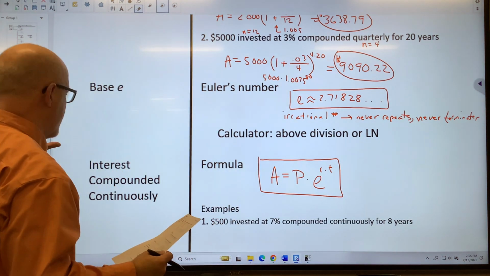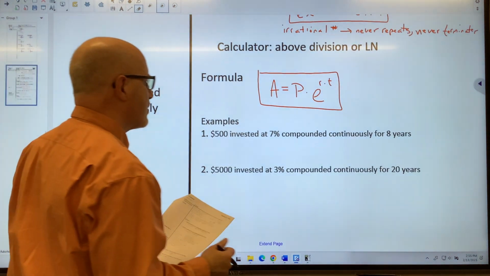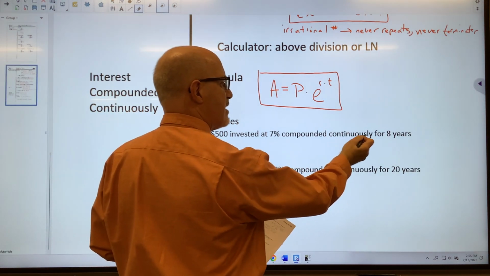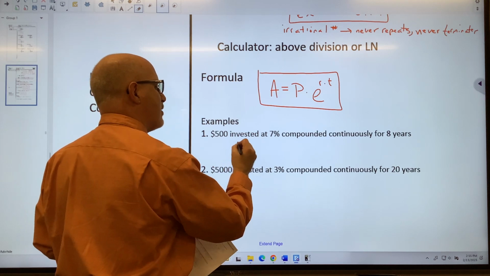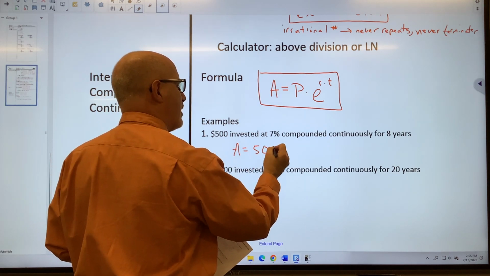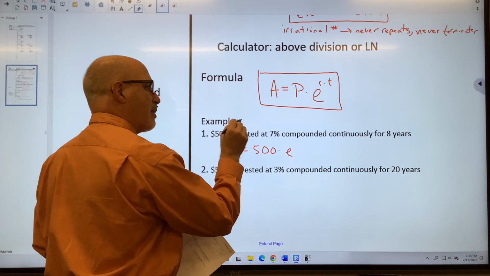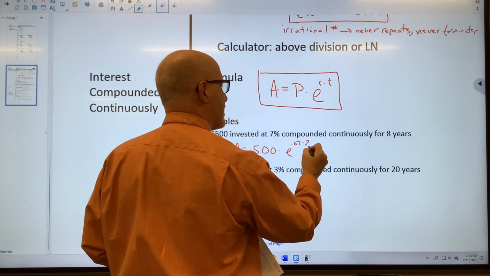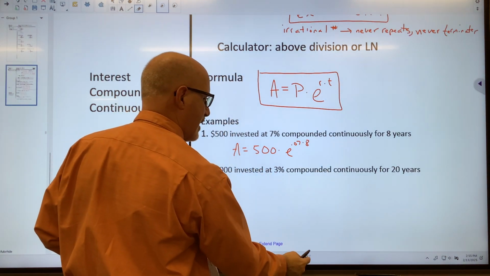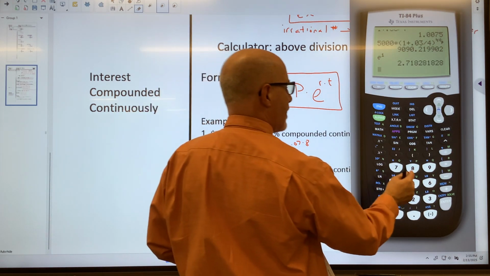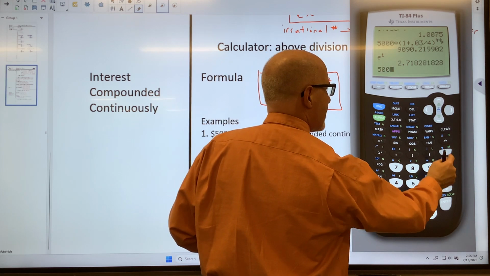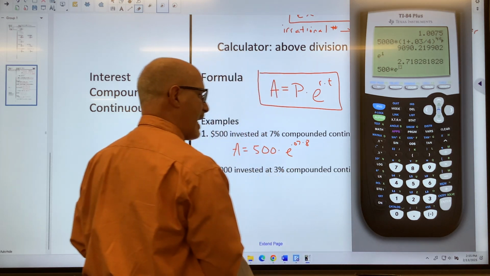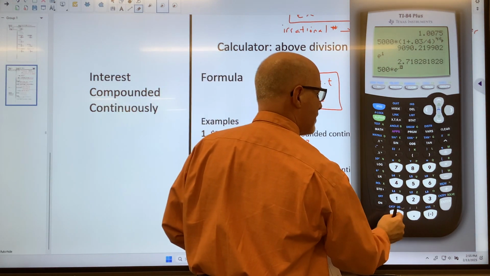All right, so let's go down here and do a couple examples. If I want to find out the amount of $500 invested at 7% compounded continuously for 8 years, I do amount equal to my principal times e to the, I'm going to put the rate, 0.07, up in the exponent, times 8. Let's go ahead and calculate that. On our calculator, we get 500 times e to the x, and then 0.07 times 8.